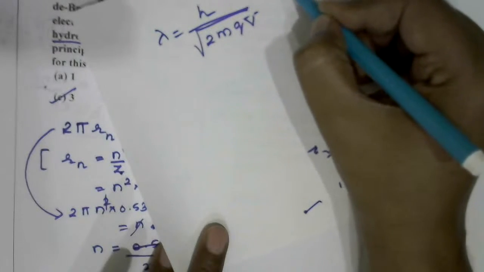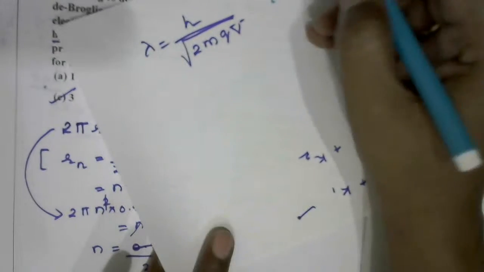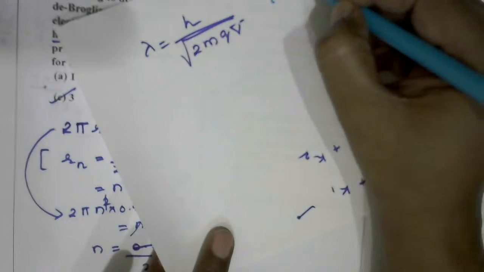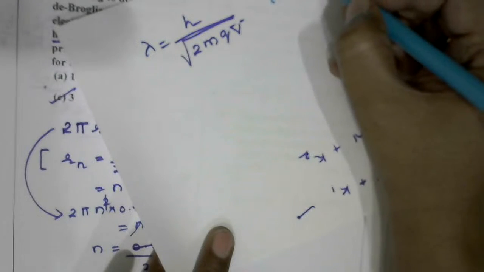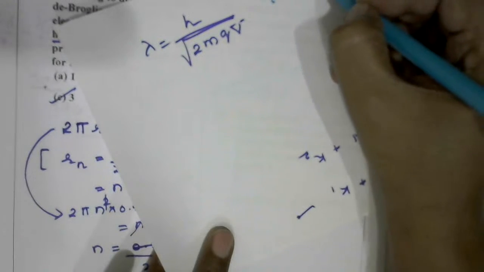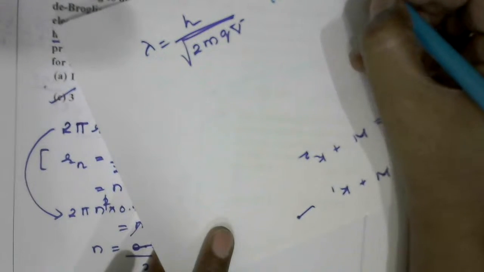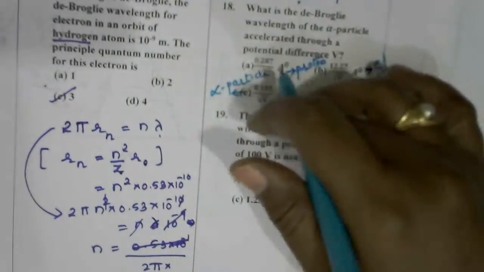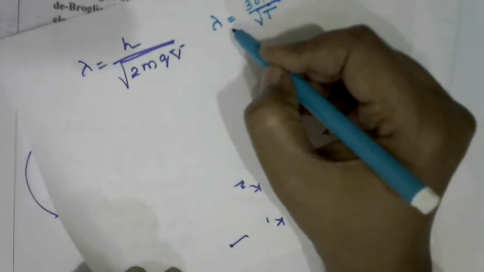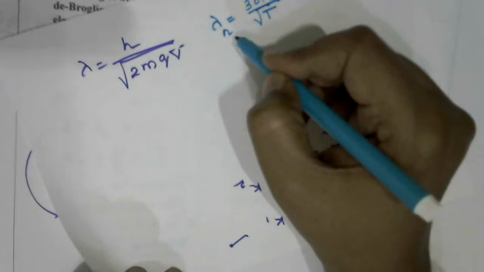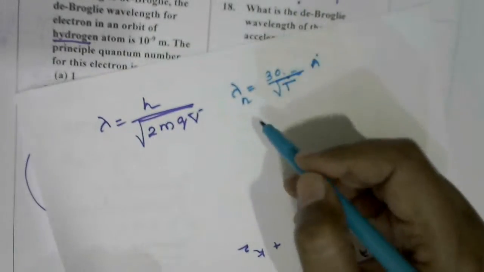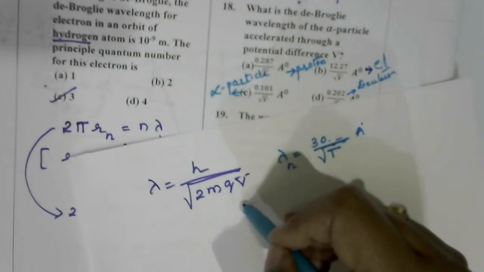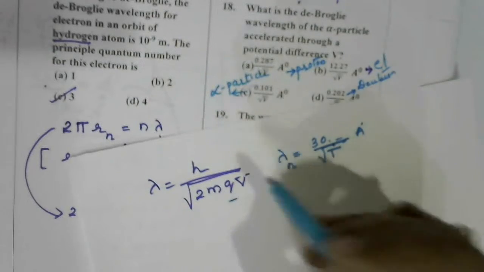Even for the neutron it comes, but for the neutron you are going to have around 30 point something divided by square root of the temperature. All these are taken in terms of angstrom. As the neutron is a neutral particle, you cannot apply this equation, as I was telling in the synopsis, since it has no charge.